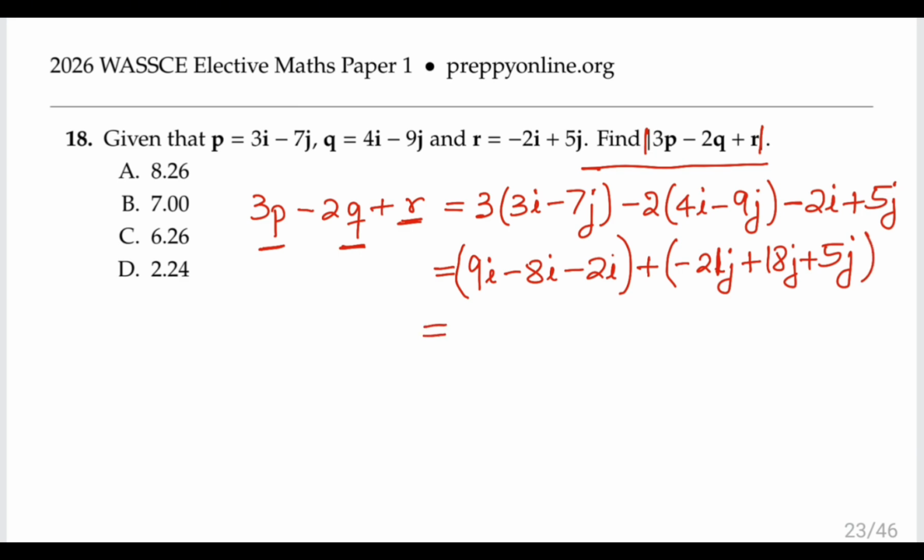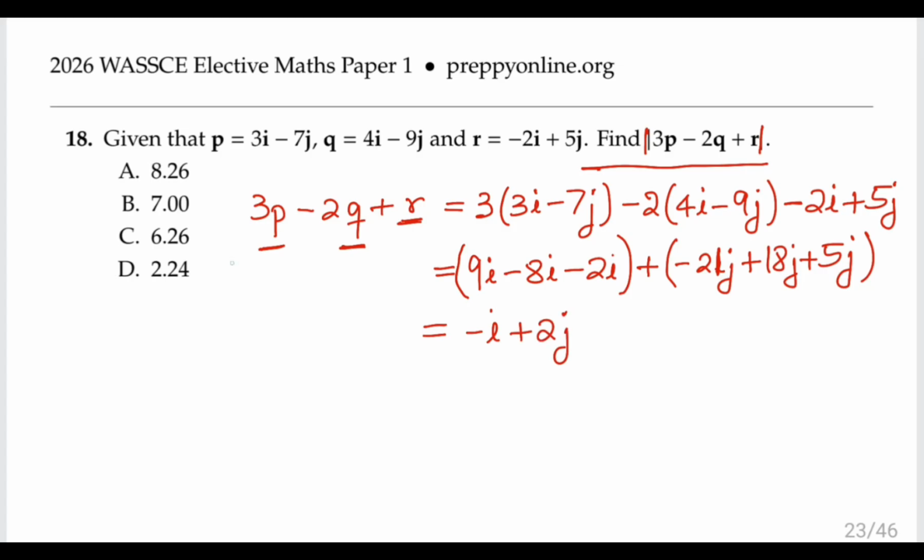All right, so simplifying for the i's, we get 9 minus 8 minus 2, so this simplifies to give minus i. Then for the j's, what do we get? We have 18 plus 5 is 23, minus 21 is 2. So we have plus 2j.